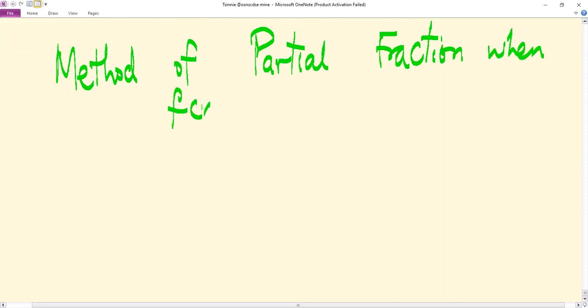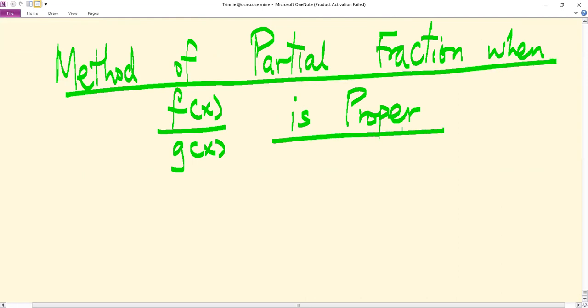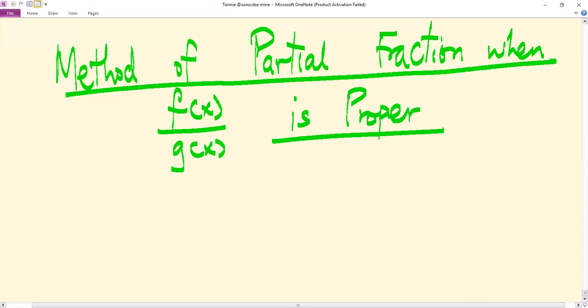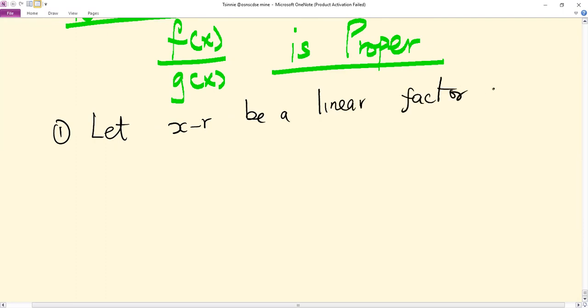Assuming that those two conditions are satisfied, let's see how you work out the method of partial fractions when f of x over g of x is proper. So let's quickly discuss the tricks. One, let x minus r be a linear factor of the denominator g of x.